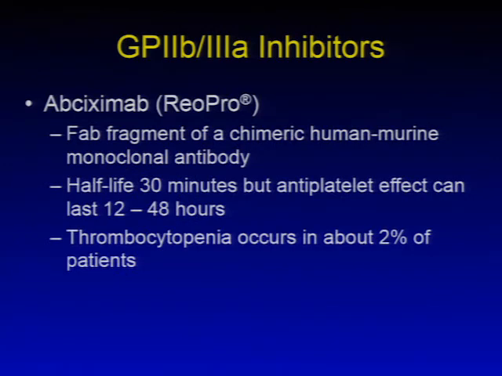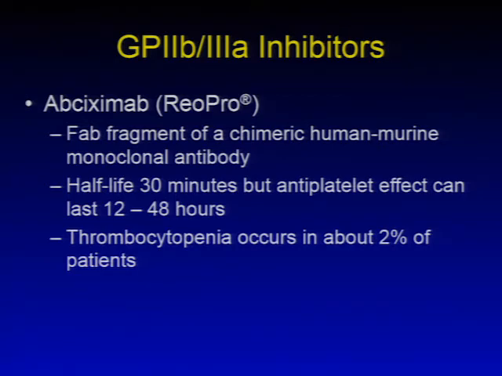Now, first example, abciximab, or ReoPro. This is a Fab fragment. And what is a Fab fragment? It's a fragment antigen binding. And this refers to any arm of an immunoglobulin monomer. But this is a Fab fragment of a chimeric human murine monoclonal antibody.